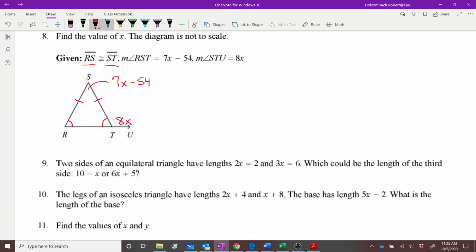These two angles form a linear pair, which means that this angle right here is equal to 180 minus 8x. And if that angle equals 180 minus 8x, then this angle equals 180 minus 8x.